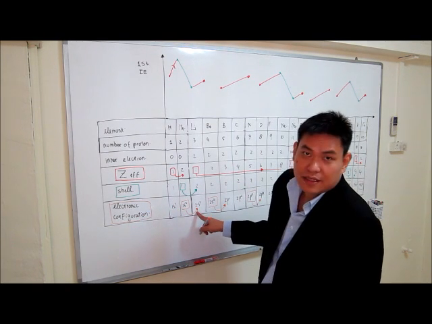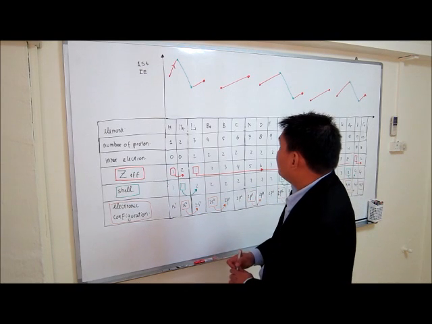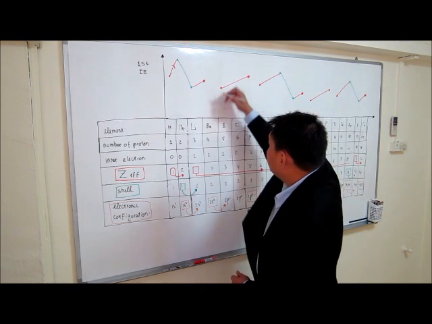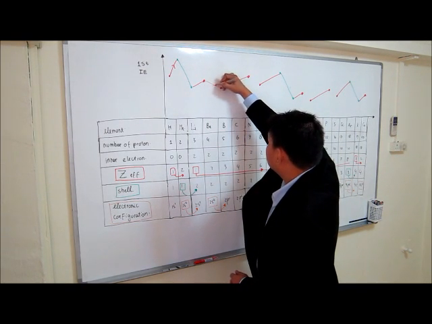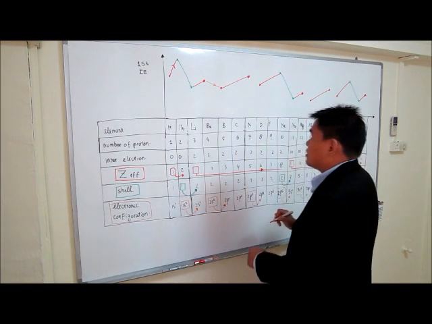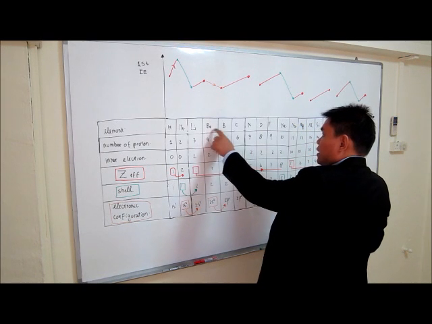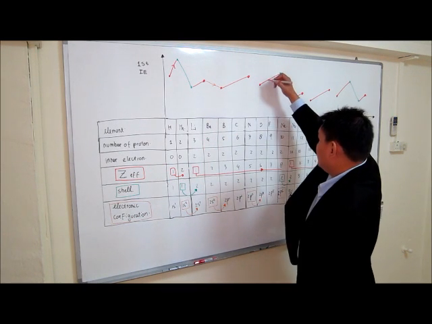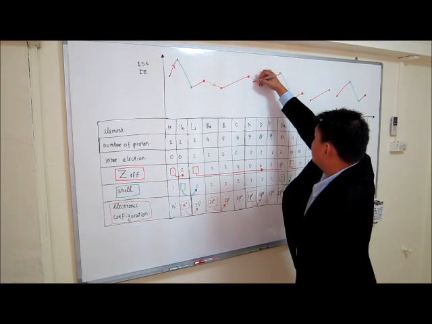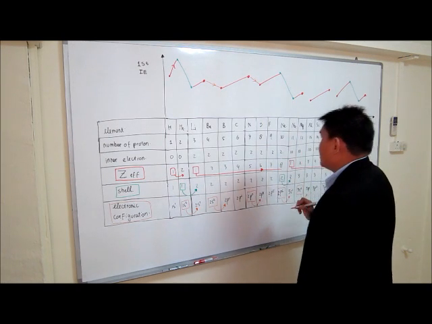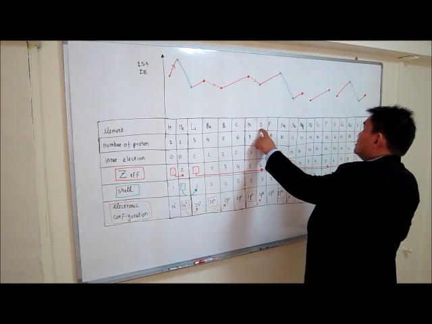As I mentioned, this orange arrow here represents a decrease. So there will be a slight decrease from beryllium to boron. Also slight decrease from nitrogen to oxygen.